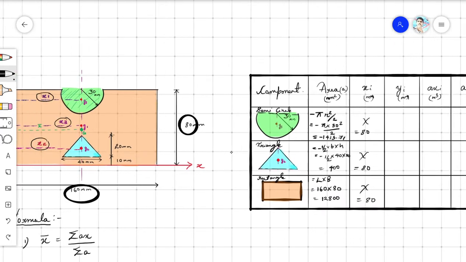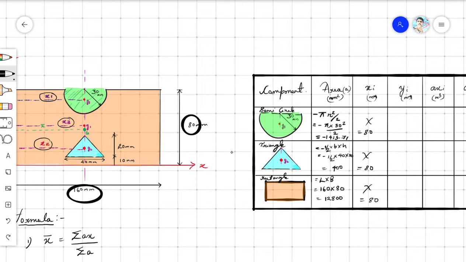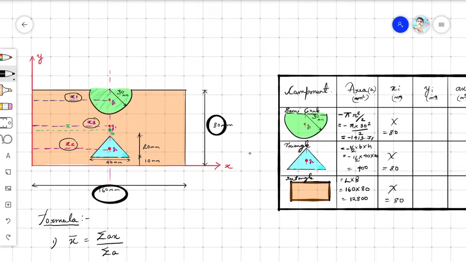But now what we need to understand is the yi value. How do you find the yi value actually? Do they give the distance from this to this? No, right? They never gave it. In this semicircle, we know only one thing, our G3.